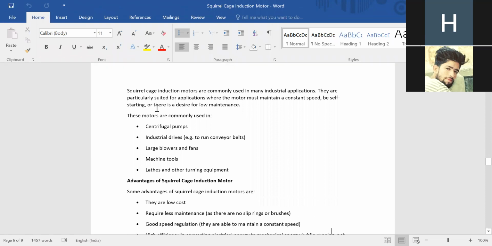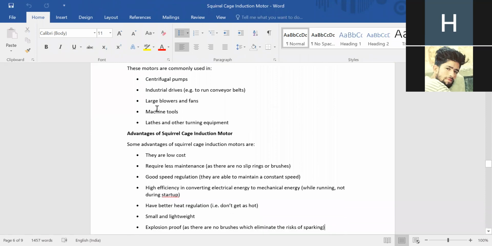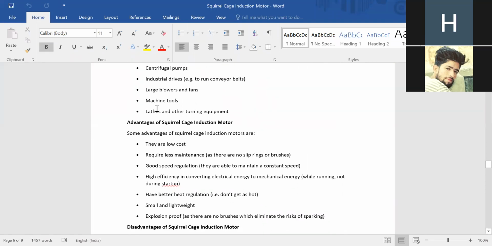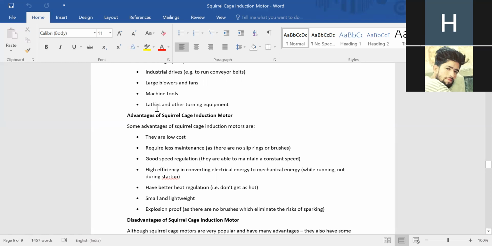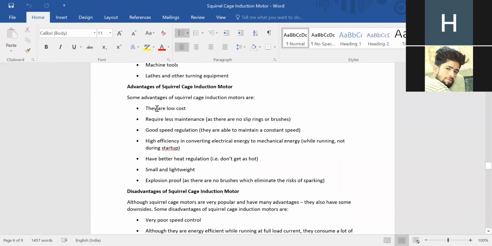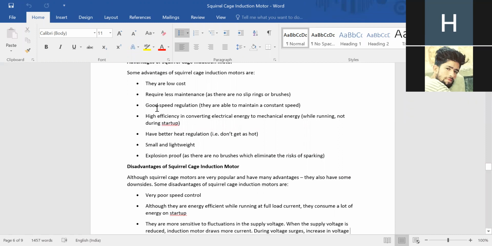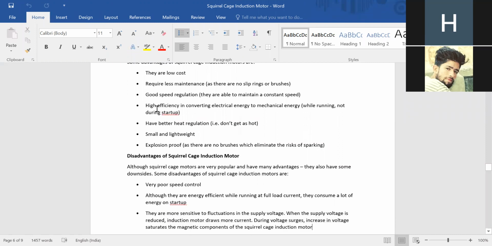The advantages are that it has low cost, low maintenance, good speed regulation, good efficiency, better heat regulation, small and lightweight, and explosion proof. There are also disadvantages, because it has very poor speed control.